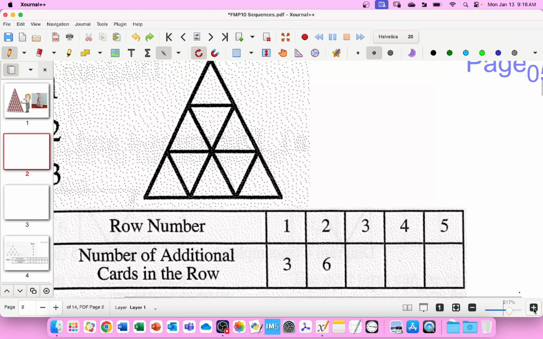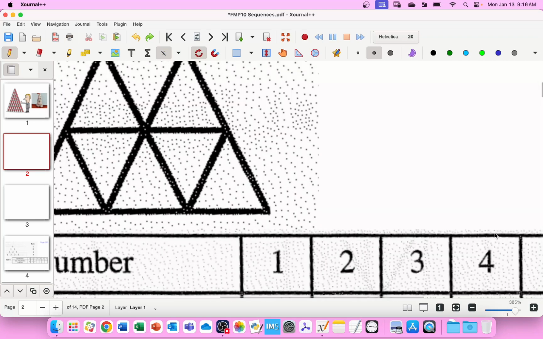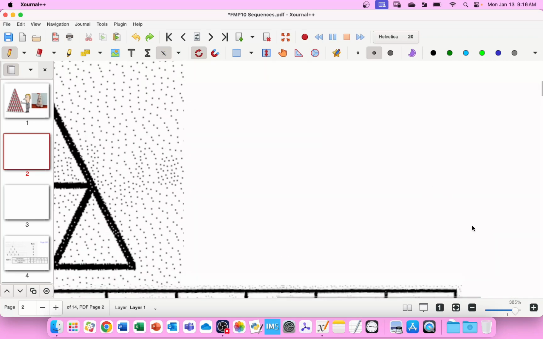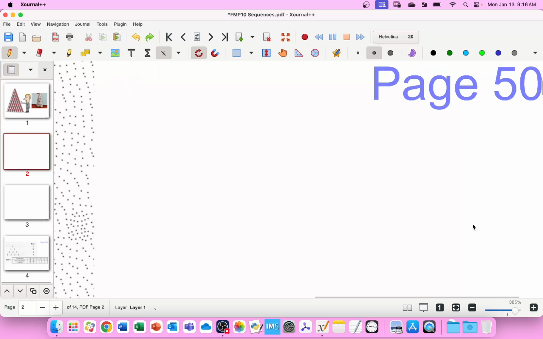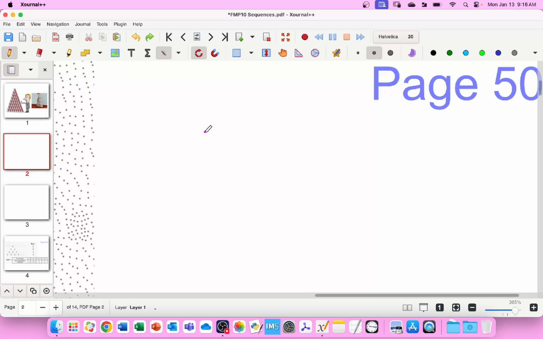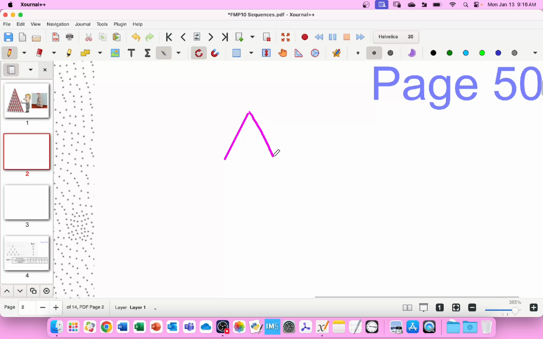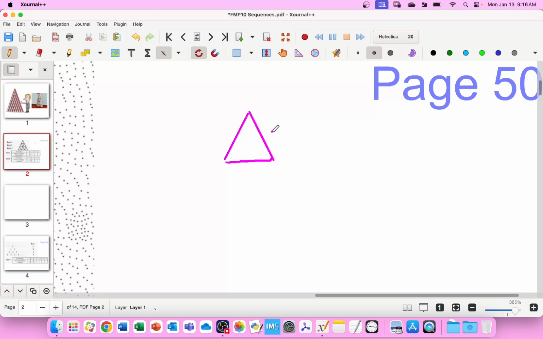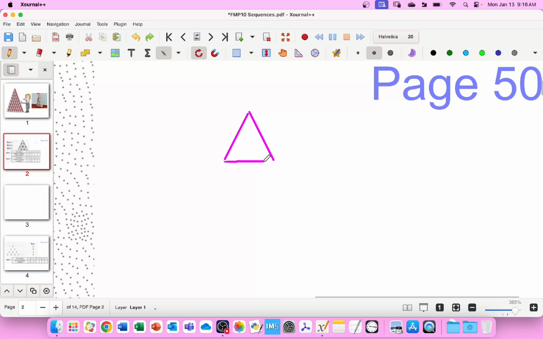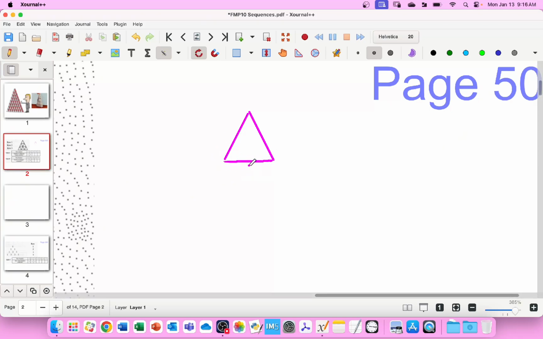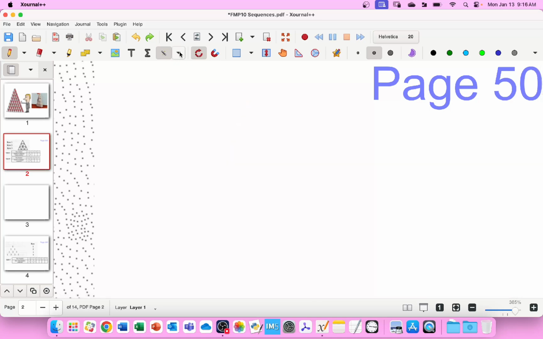And if we imagine, my first row, it has to have 3 cards, right? 1, 2, 3. Because there's going to be that card that acts like the floor.